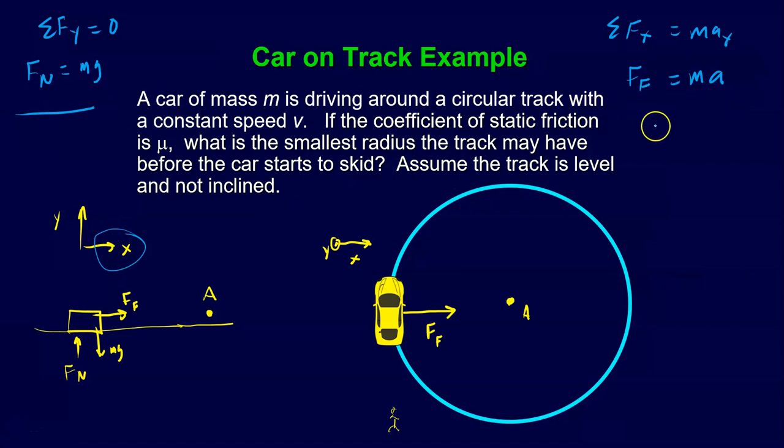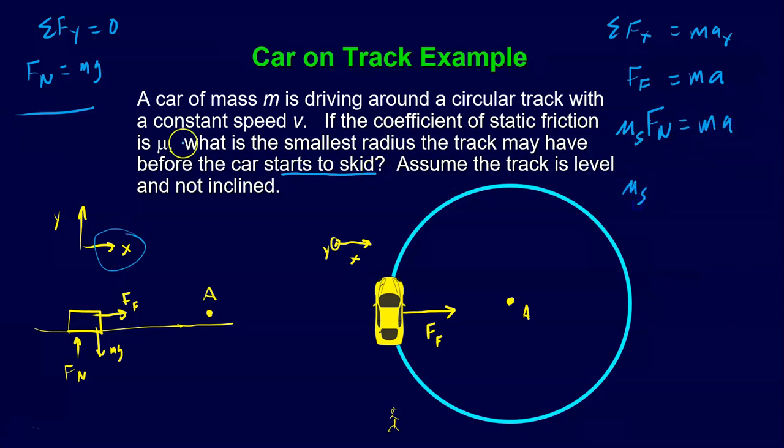But again, now when you have this, I know that my frictional force, the maximum, is what we're interested in here. We want to know what's the smallest radius before the car starts to skid. And so we're just going to maximize this frictional force to be mu s times the force normal. So that's the biggest it can be, and so we'll start with that.